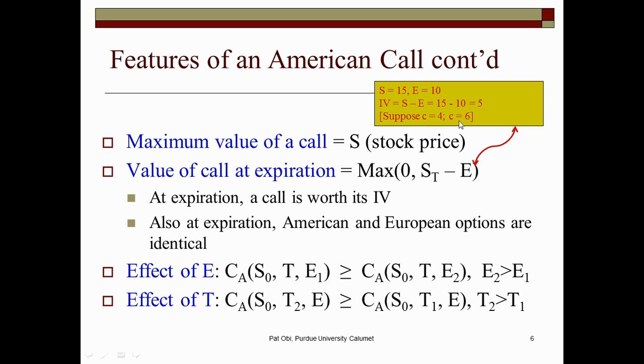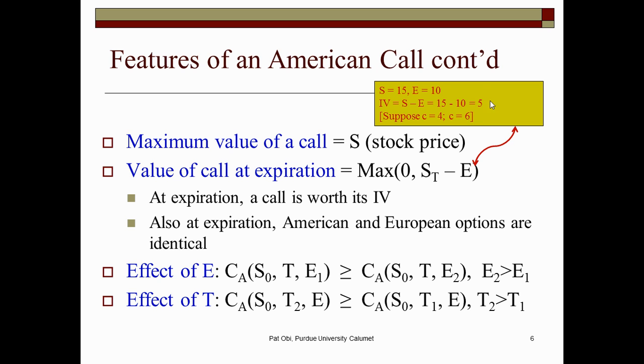Now if on the other hand the call is actually selling for 6, which is higher than 5, you're going to have to sell high. So you sell it, receiving $6, and the person who purchases it from you would have to exercise it right away because the option is expiring.